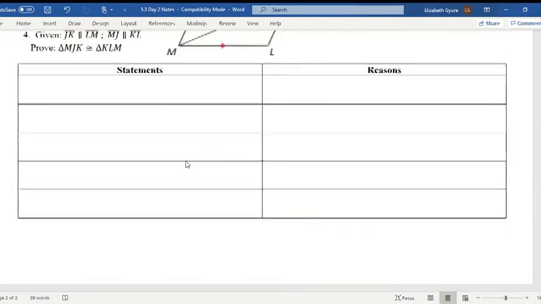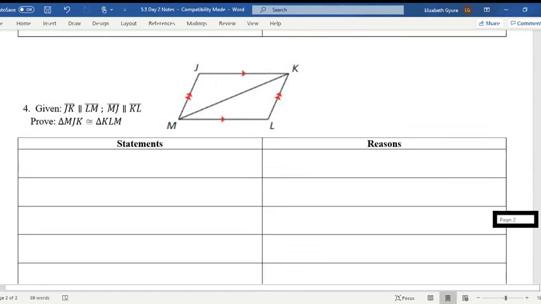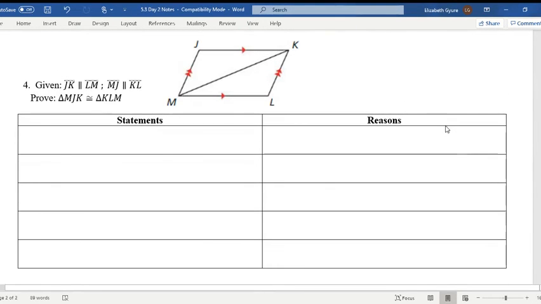All right, this is the last one on here. So for this one, we are given that segment JK is parallel to segment LM, and segment MJ is parallel to KL. And we want to prove that triangle MJK is congruent to triangle KLM. So let's put in our freebies.